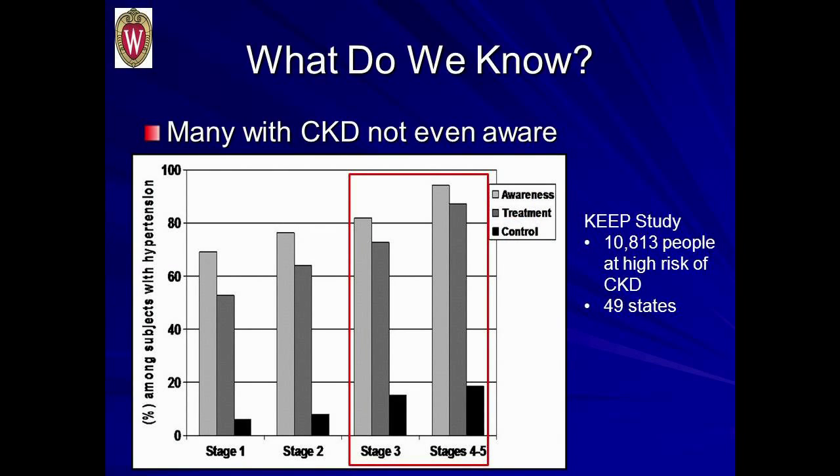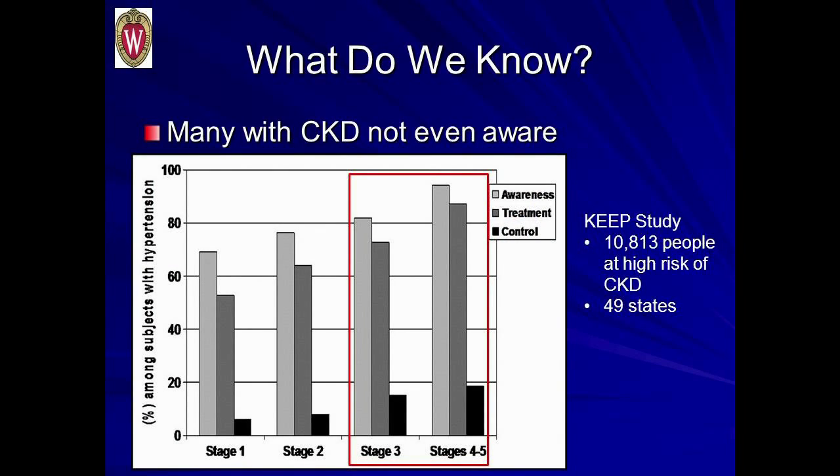We found this out in one of our studies when we sent out letters trying to enroll people, and they said, what do you mean I have chronic kidney disease? Yet it had been in their health record multiple times, which is how we chose them. We had to change how we enrolled our patients. And even in stage 4 and 5, severe chronic kidney disease, 10% don't even know they have any disease at all.